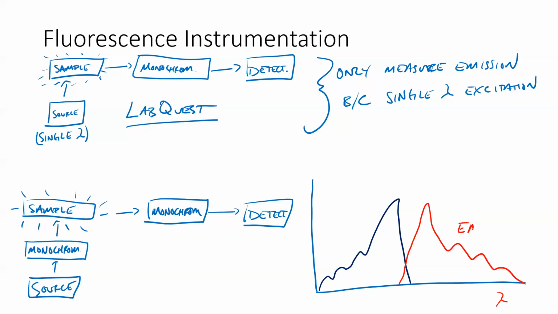So this is emission. This one here is excitation. All right. So you can think about which monochromator is fixed and which is scanning for emission, and which is fixed and which is scanning for excitation. You can expect a test question related to that.